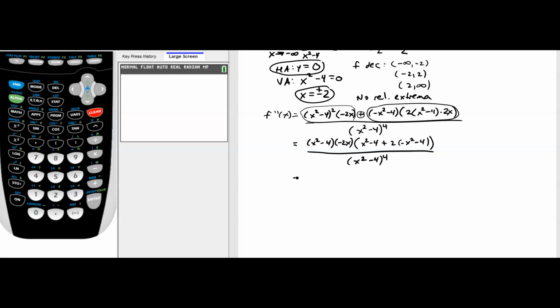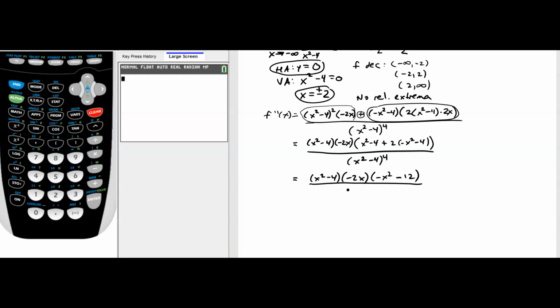So if I simplify that a little bit more, I get x squared minus 4 times negative 2x times, you're going to see that x squared minus 4 plus 2 times negative x squared minus 4 becomes negative x squared, because you have a 1x squared and a negative 2x squared. You have minus 4 minus 8, so it looks to me like it's negative x squared minus 12.